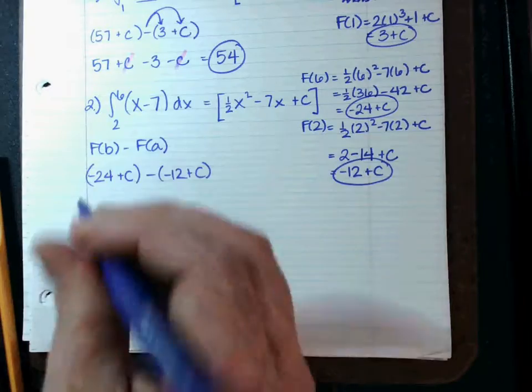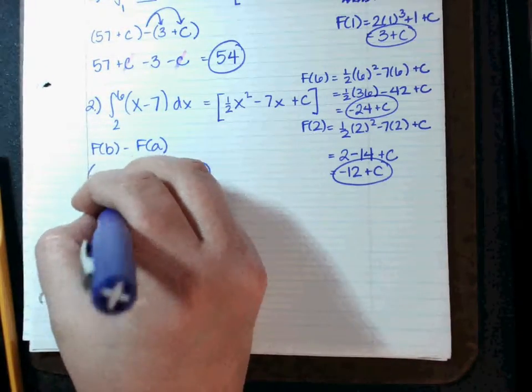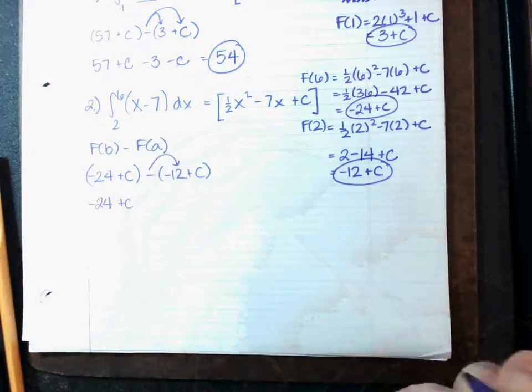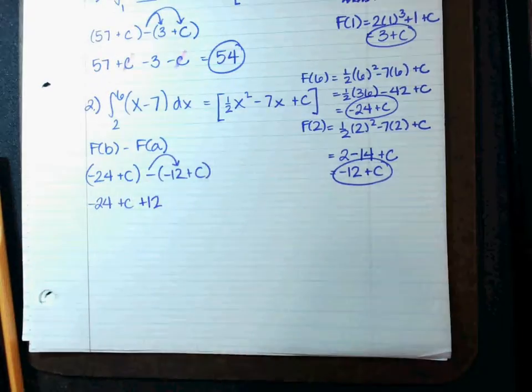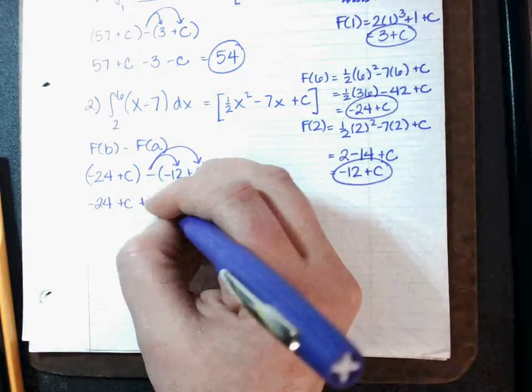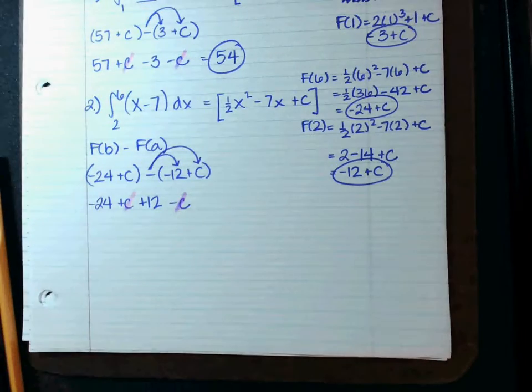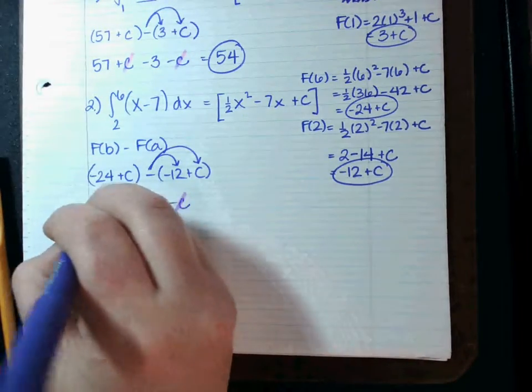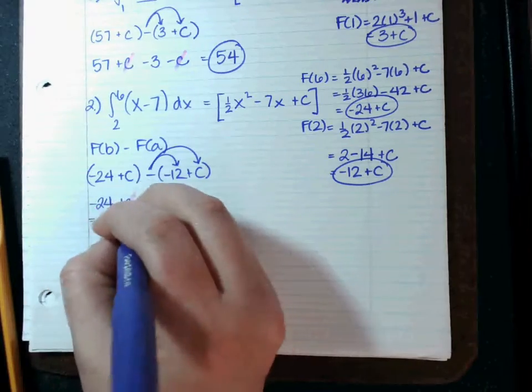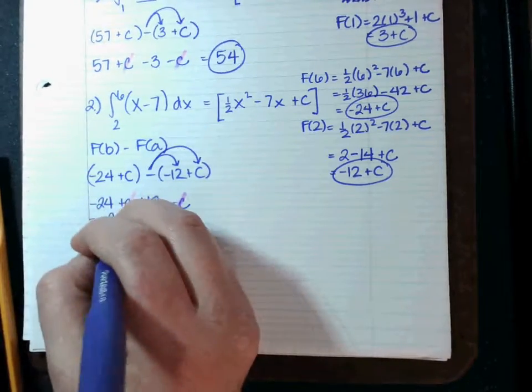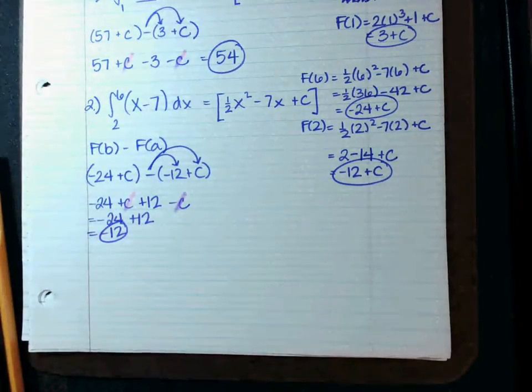And then remember, you can distribute, so it'd be negative 24 plus c. Minus negative 12 is a plus 12, and then minus the c. Then my c's are going to cross out, and really all I'm left with is negative 24 plus 12, which is negative 12 is your answer.